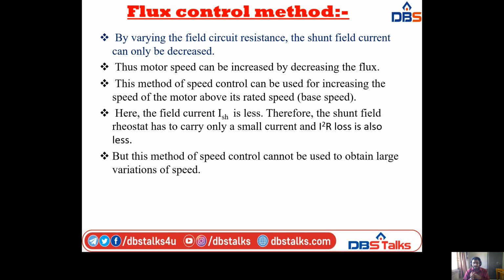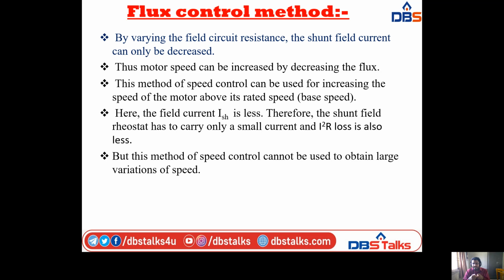Here the field current ISH is less, therefore the shunt field rheostat has to carry only a small current and the I square R loss is also less. Why? Because the field rheostat is connected to the shunt field winding only.